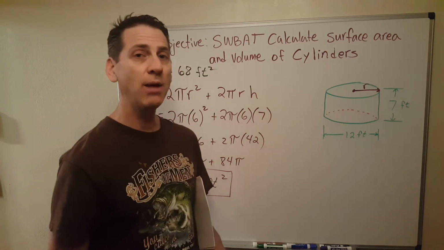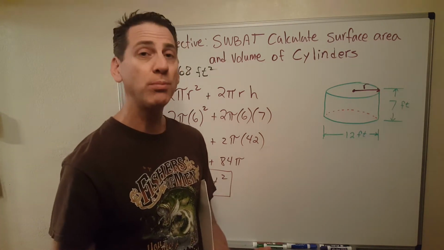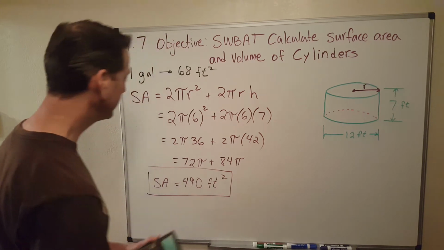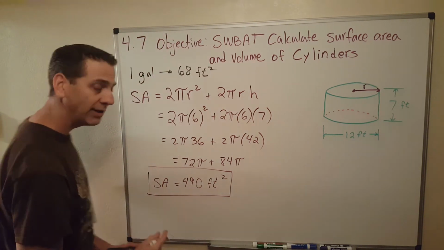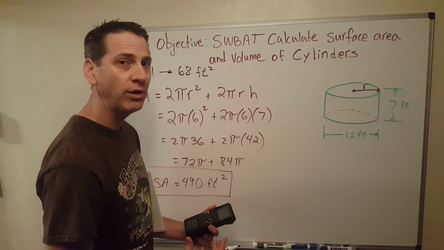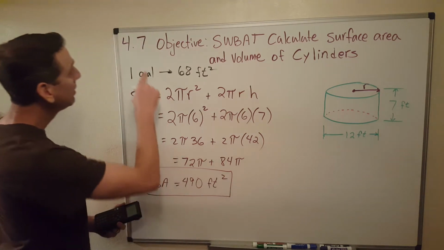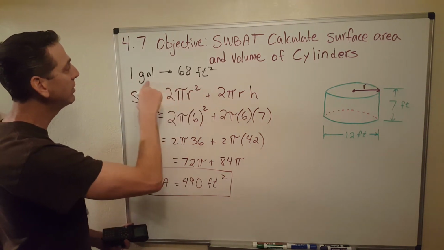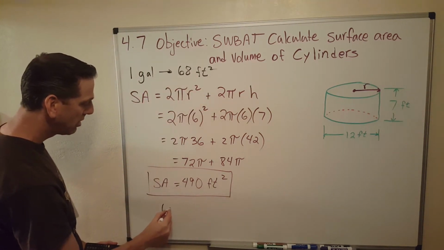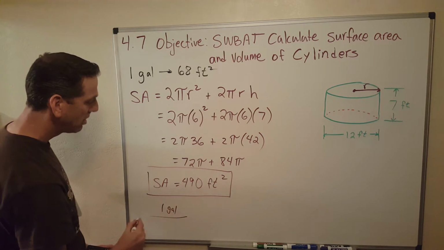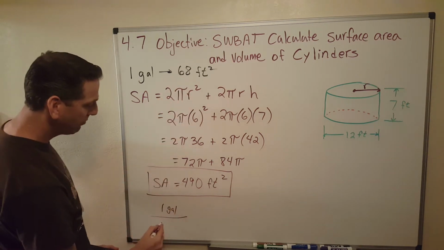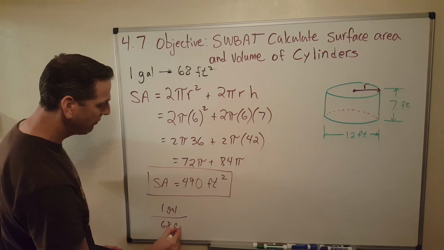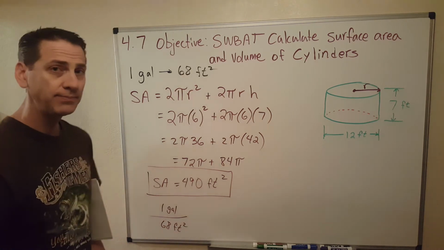This is a great opportunity to use a proportion. Here's how I do it. I just set up 2 equivalent ratios. Here's my first ratio: 1 gallon gives me 68 square feet.